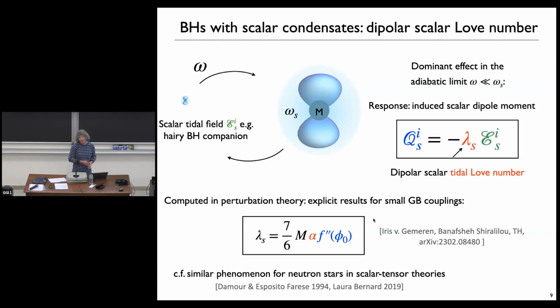These have been known in scalar tensor theories for a long time, since Damour and Esposito-Farès in 1994, recently revisited by Laura Bernard. But here we have them for black holes, which is kind of a cleaner system, because we know for the non-scalarized black hole, they're 0. So now when it's scalarized, they're non-zero if the coupling function has a non-vanishing second derivative.